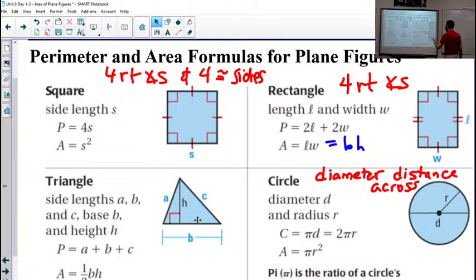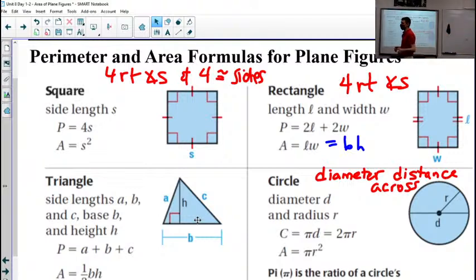Just to let you know, the big ones to make sure you get written down are all the area formulas, and then for the circle, your circumference formula. So triangle, area is 1/2 base times height.